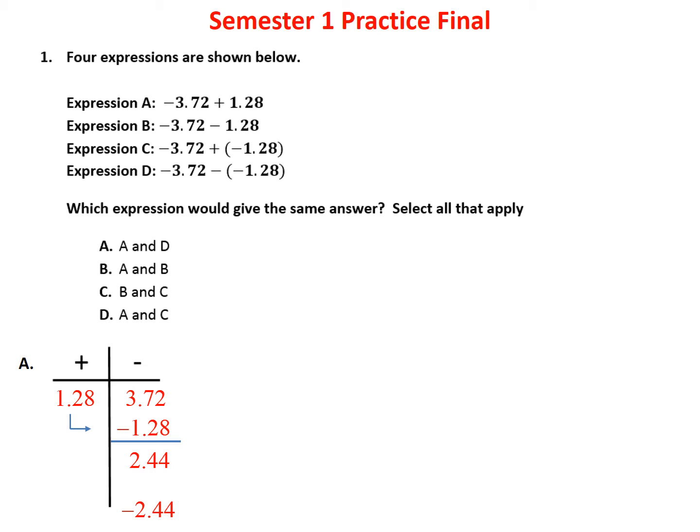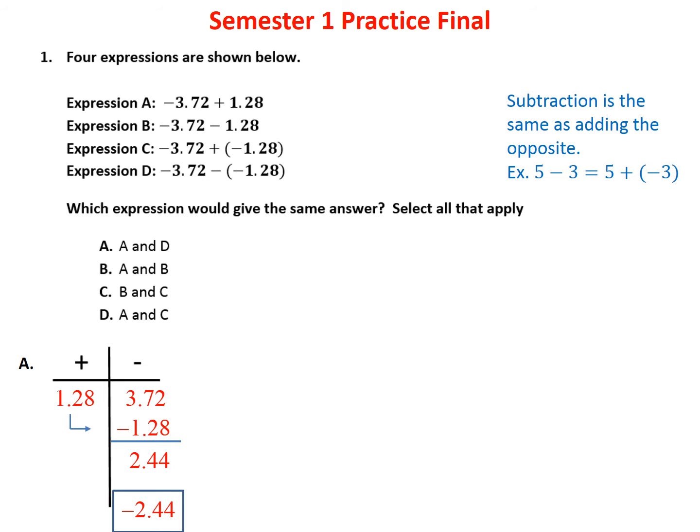So let's take a look at B. In B, remember that subtracting a number like 5 minus 3 is the same as adding the opposite, 5 plus negative 3. So we're going to change subtracting 1.28 into adding a negative 1.28.